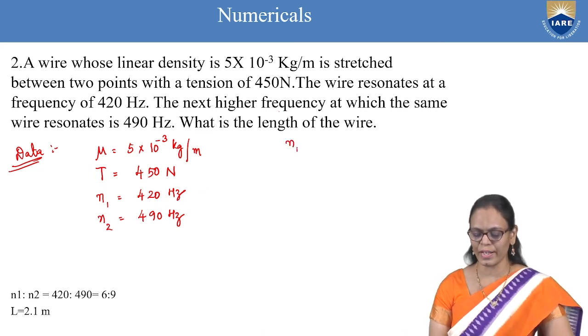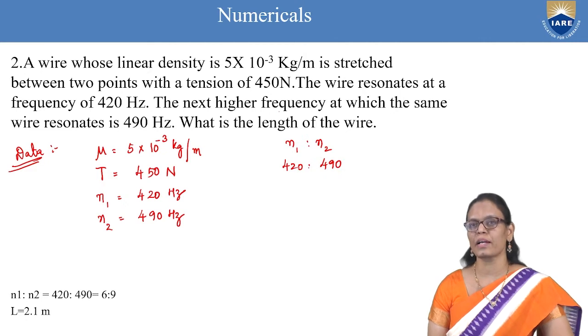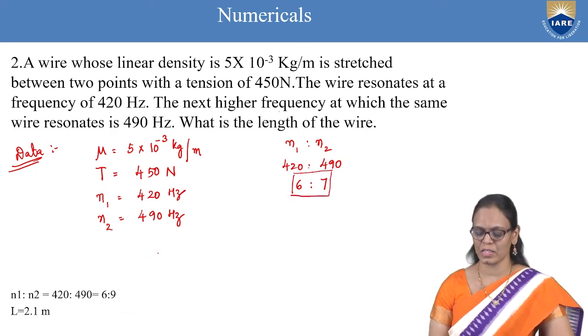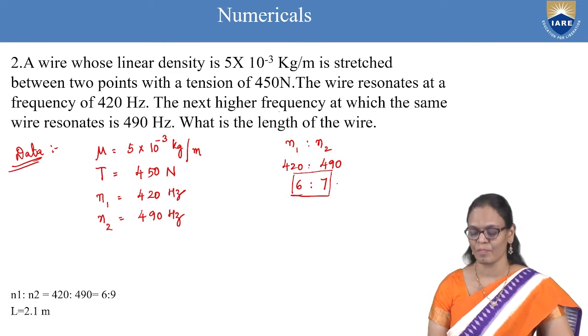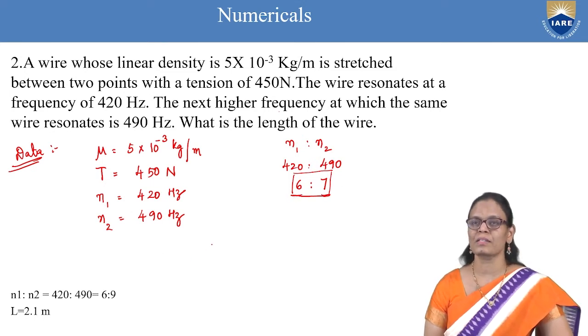So N1 is to N2 is 420 is to 490. So the zeros will get cancelled. So we get 6 is to 7. This is the ratio we are getting. This is the first harmonic if you imagine. So this will be the next harmonic.